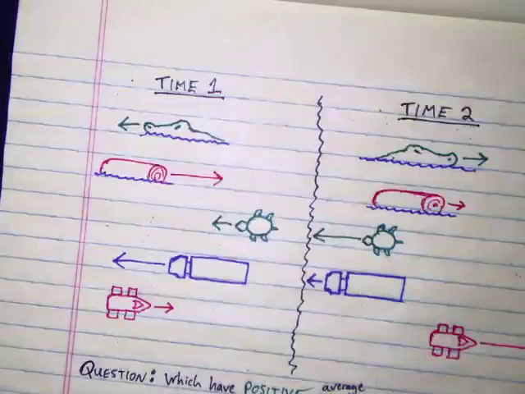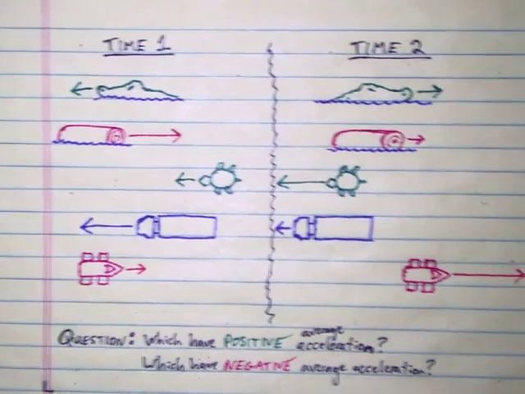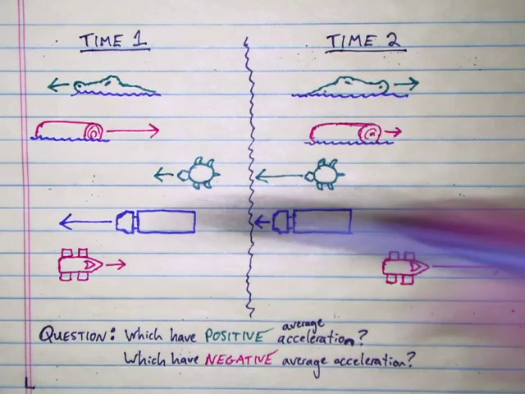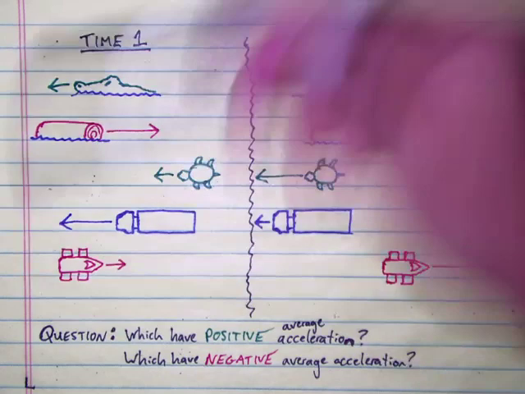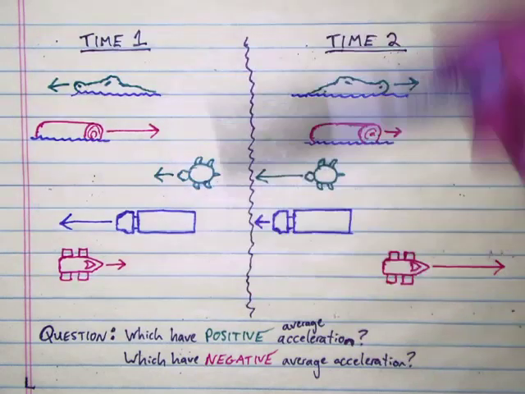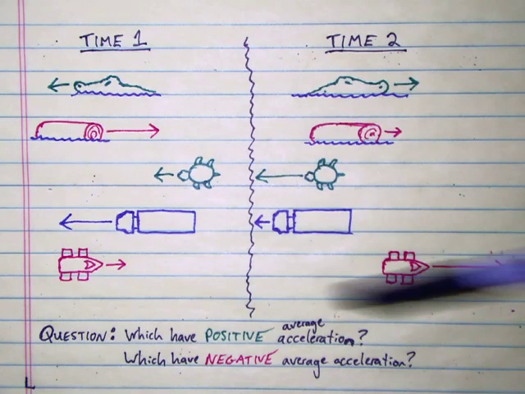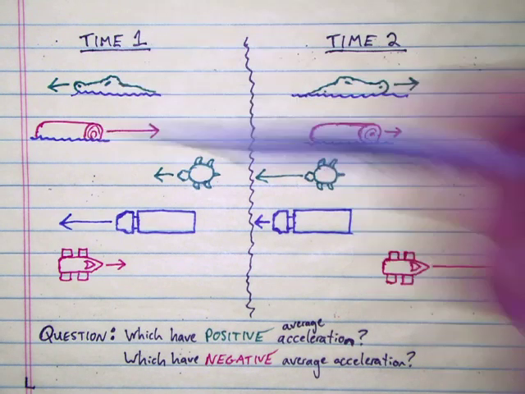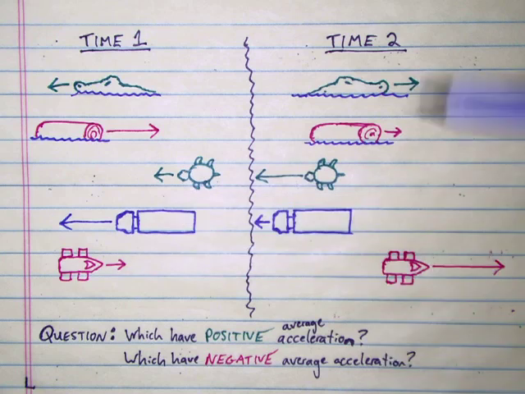One more example for you to work out. More conceptual here, no numbers. Okay, this picture represents a scene at one moment in time. This is a freeze frame of one event. Then here on the right, we have a freeze frame of a second event. We have an alligator, a log, a turtle, a truck, and a race car.